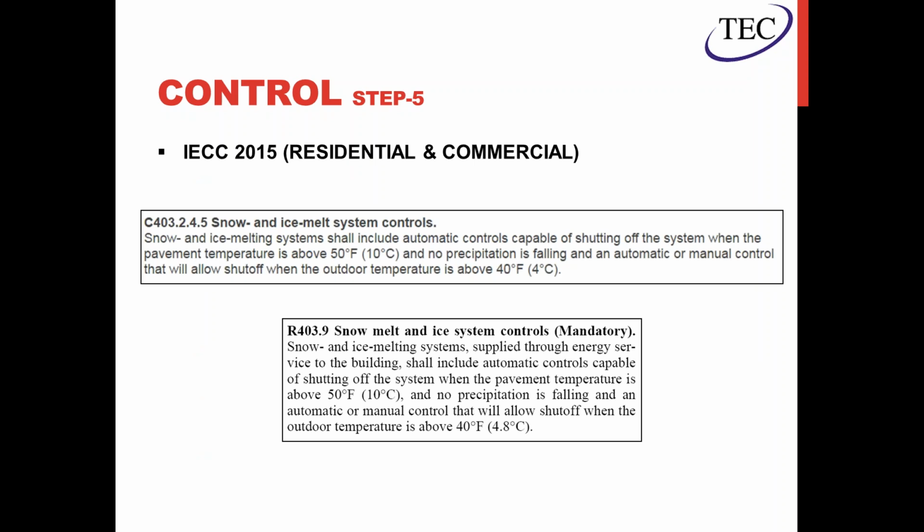Quickly, I want to touch on the IECC 2015 changes that apply this year for Illinois. Basically, what they're requiring is that there is some mechanism to shut off the system when the pavement surface temperature is too high, and another mechanism to turn off the control when the outdoor temperature is above a certain degree.